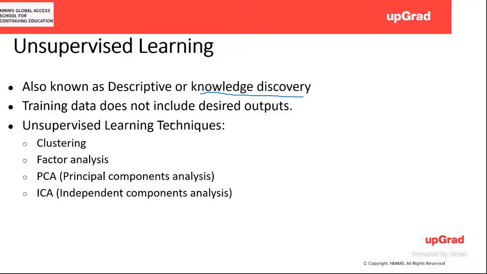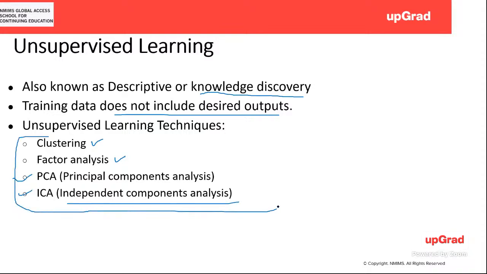So training data does not include the desired output, right? Some techniques are there, like clustering analysis, factor analysis, principal component analysis, and ICA, independent component analysis. These are all unsupervised machine learning techniques, right?